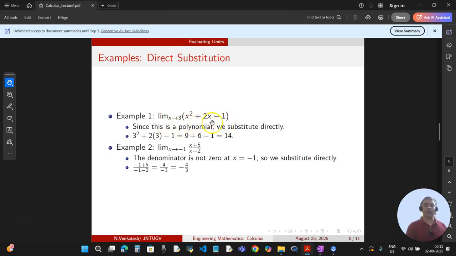When it is defined and it's not in indeterminate form like 0 by 0 or infinity by infinity, then we can directly calculate. So we can substitute 3 directly here. 3 square plus 2 into 3 minus 1, you are going to get 14. Similarly, x plus 5 by x minus 2, when it is not in indeterminate form, you can directly substitute, that is minus 1 plus 5 by minus 1 minus 2, so you are going to get minus 4 by 3.